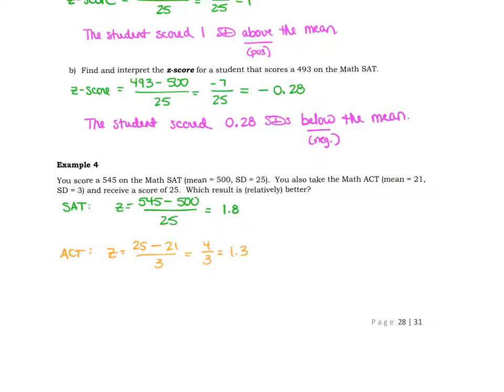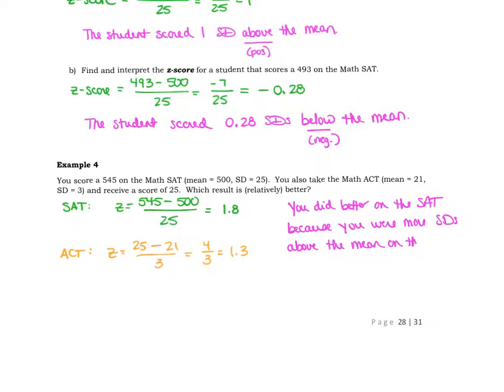So the conclusion would be here, you did better on the SAT because you were more standard deviations, again, SDs, above the mean on the SAT than on the ACT.